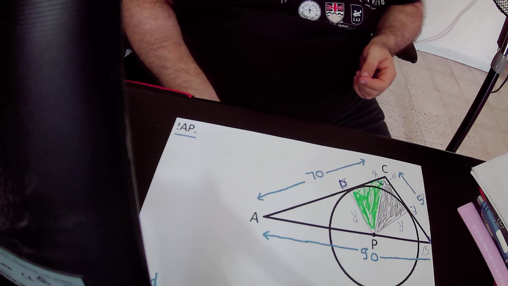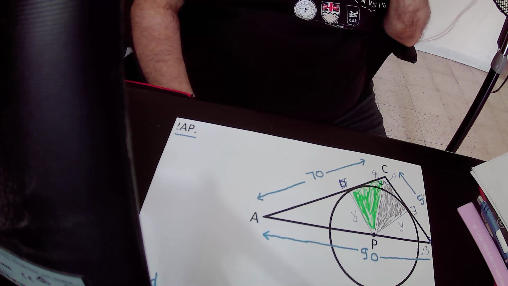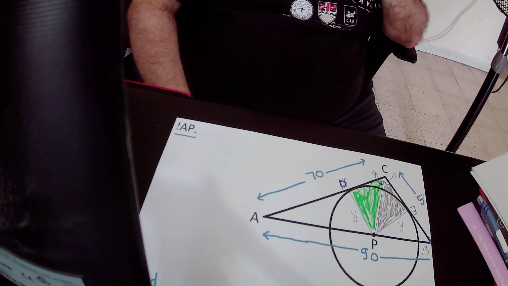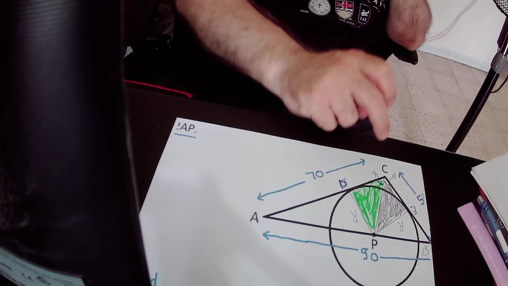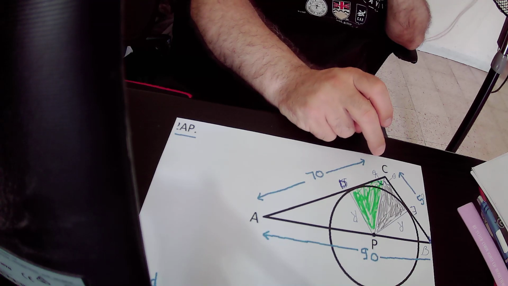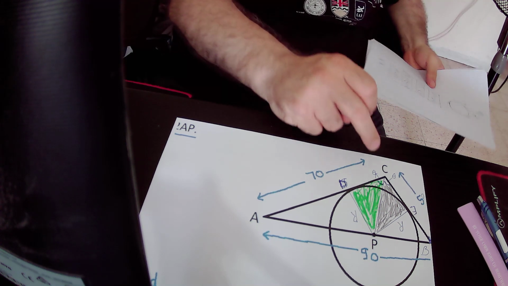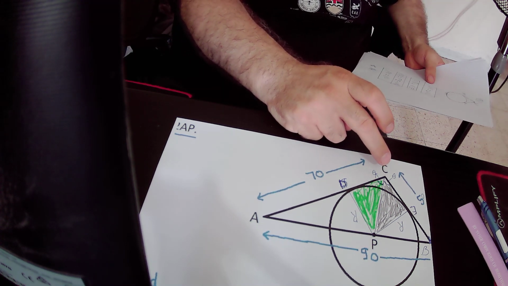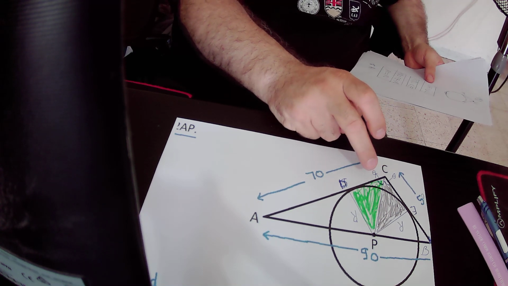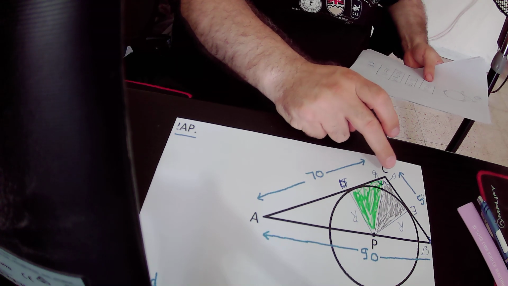And actually we have the rule that if you draw from an external point of the circle two tangents to the circle, then those two tangents are equal to each other.